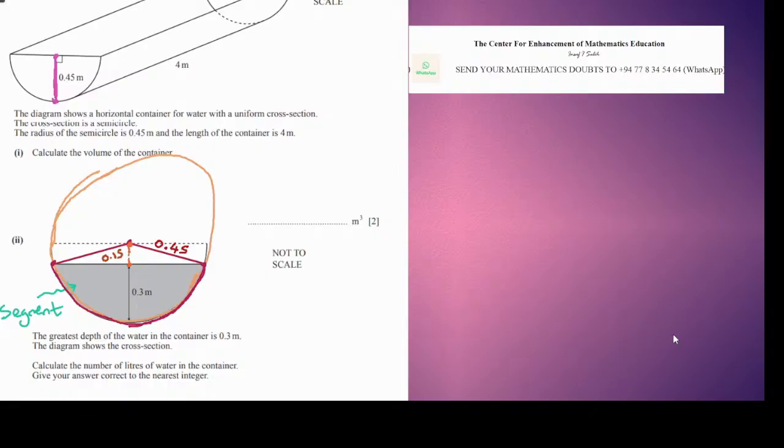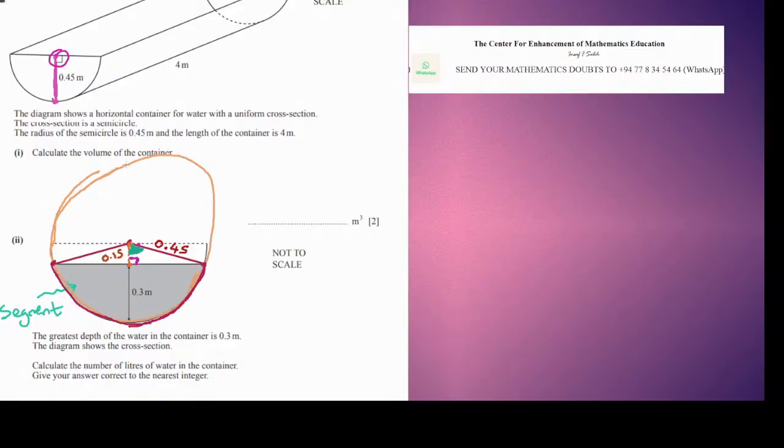And we have been given this angle is 90 here. So this is 90. And this 0.3 meters is a height. All right. So let's try to figure out what this angle's value is, the angle that I'm coloring in green.